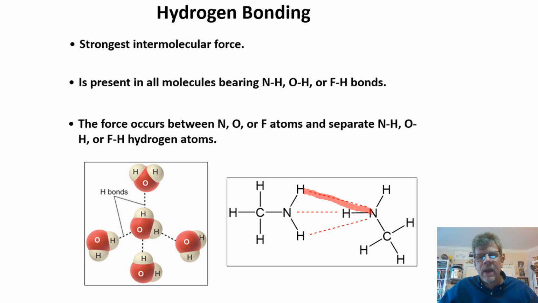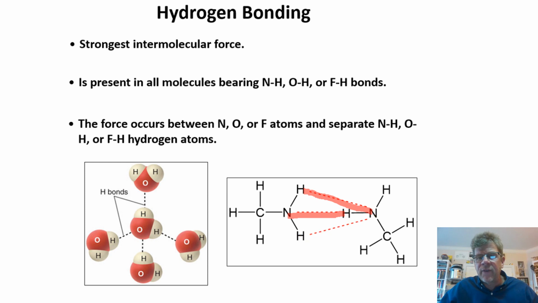That's important. It would never be to this hydrogen on the molecule or this one, because that hydrogen is only connected to a carbon and thus will not hydrogen bond. It's only between the nitrogen on one with the hydrogen on the other.